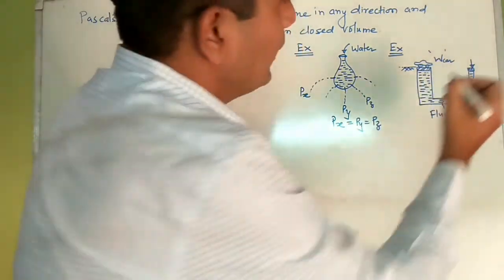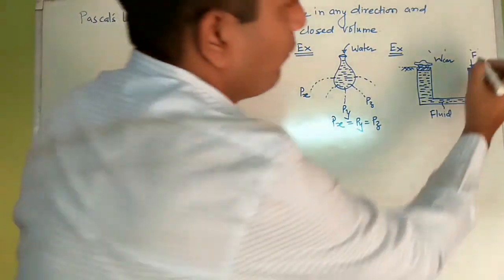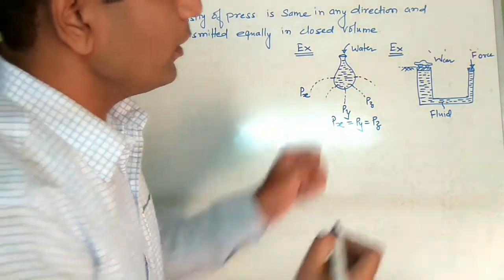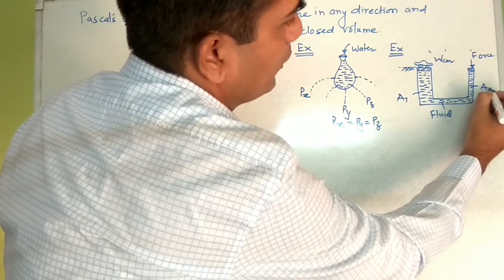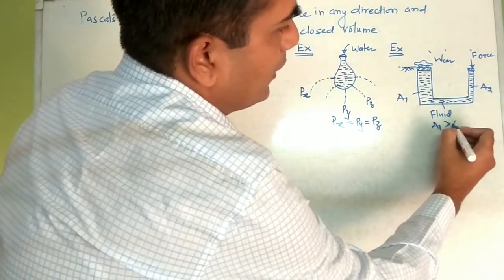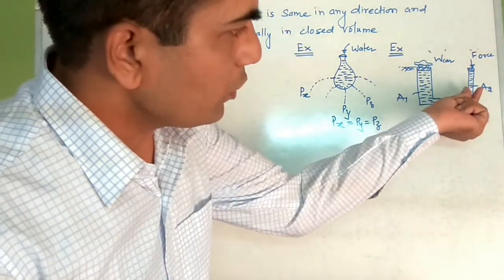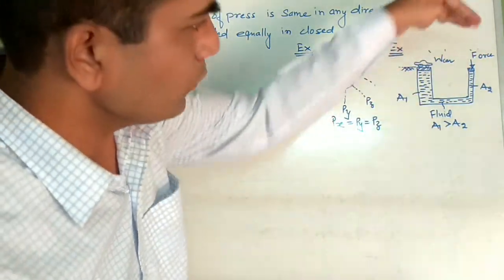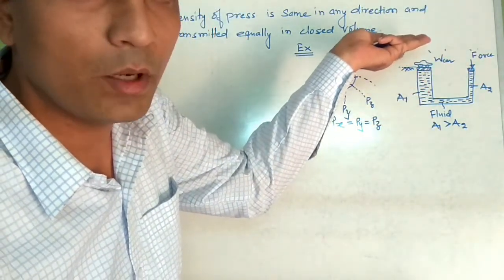On the other side, simply the force F. Suppose this is area A1 and this is area A2. Looking at this diagram we can say that area A1 is greater than A2. With a smaller cross-sectional area, we need a smaller force. So with minimum effort we are going to lift the maximum load.